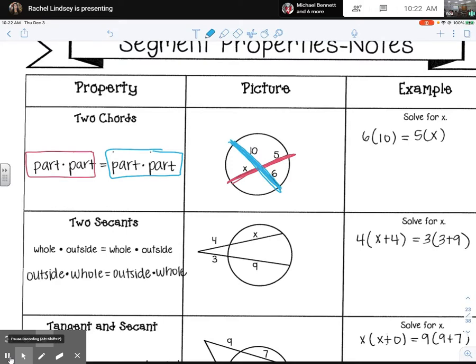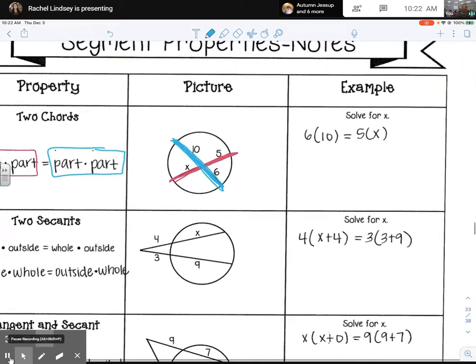If you look over there on that chart, I have it color coded a little bit different. I have a pink, a yellow, a green, and a blue to show each part separately. But basically, you're looking at one chord multiplying its parts, looking at the other chord multiplying its parts. So what's 6 times 10? 60. And 5 times x is just 5x. What's 60 divided by 5?